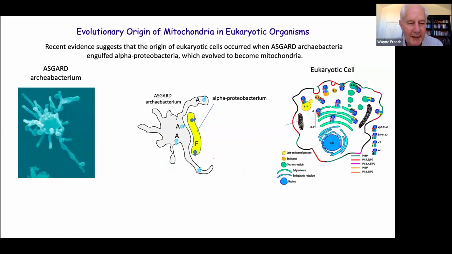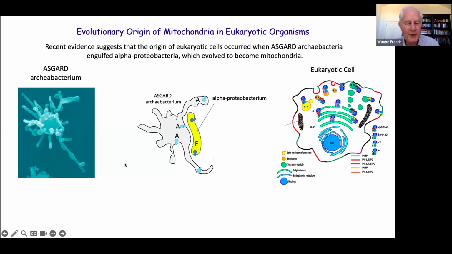Okay, so where did the mitochondria come from? Well, it's just recently been determined that the organism that gave rise to eukaryotes was an ASGARD archaebacterium. And there's an electron micrograph of it. And so it probably had very low ATP synthesis activity. It had an A-type ATP synthase.